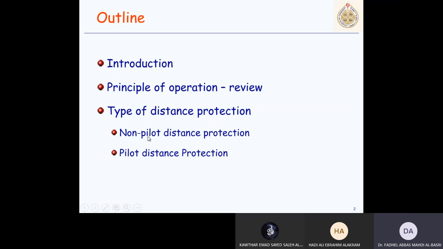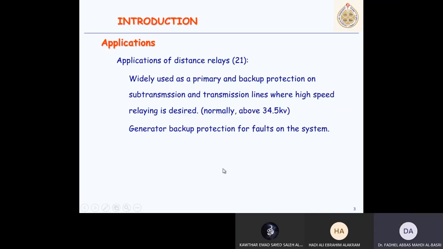They can work as non-pilot, when we have no communication between the distance relays, or when we have communication between them. We call them pilot distance, or sometimes communication-assisted distance protection. Where can we apply these types of relays?